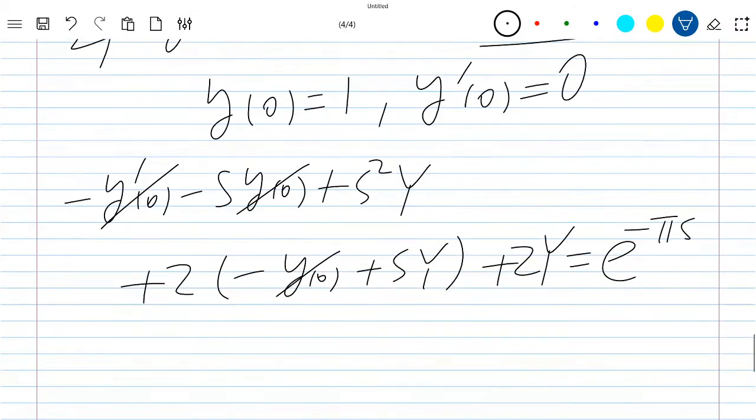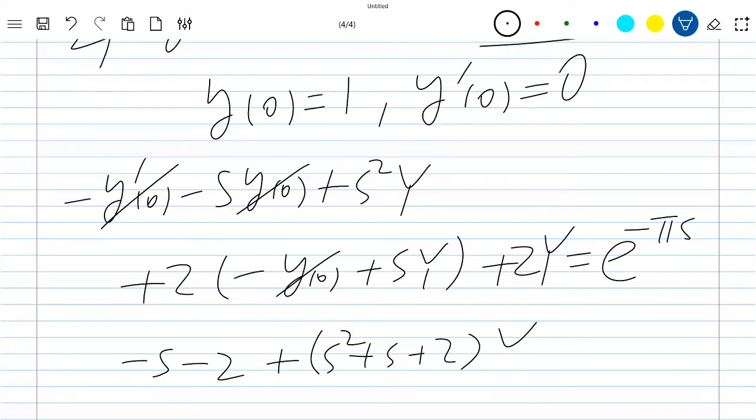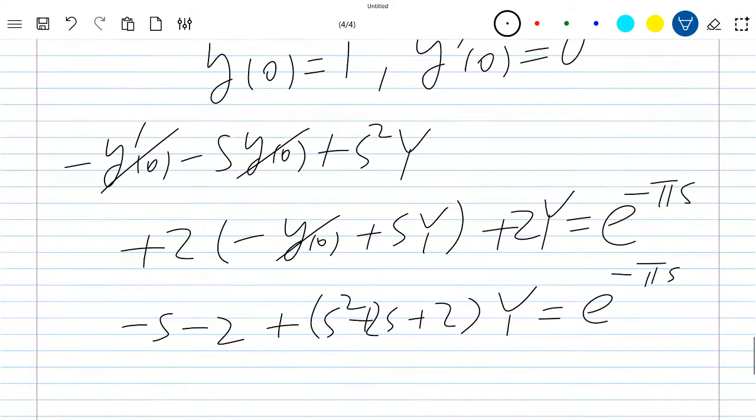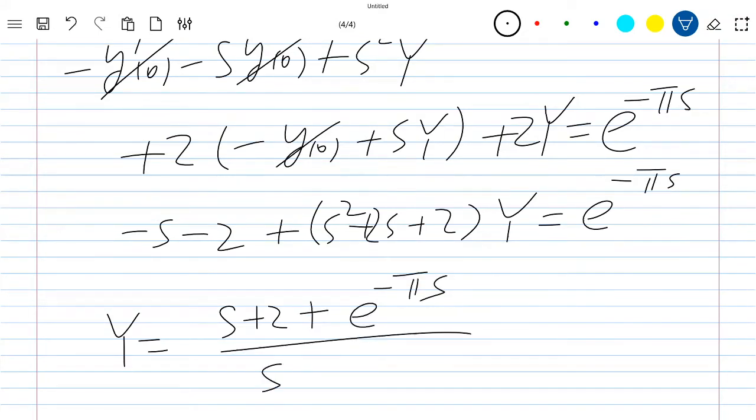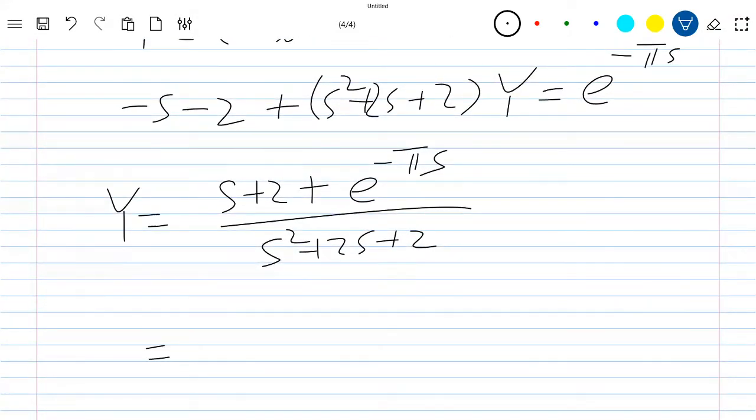So you have negative s and negative 2, and you have s squared plus 2s plus 2 times y equals e to the negative pi s. So you will have y equals s plus 2 plus e to the negative pi s over s squared plus 2s plus 2. Okay, so let's handle that.